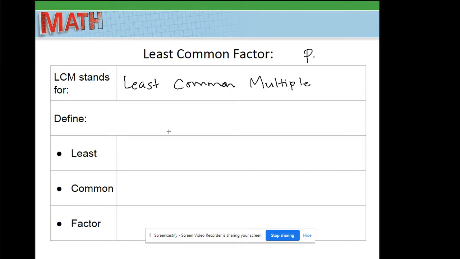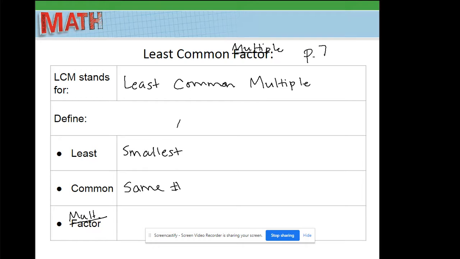Okay, and this is on page 7 again. So this is supposed to be multiple. All right, so let's break it down. Least means the smallest. Common is the same number.